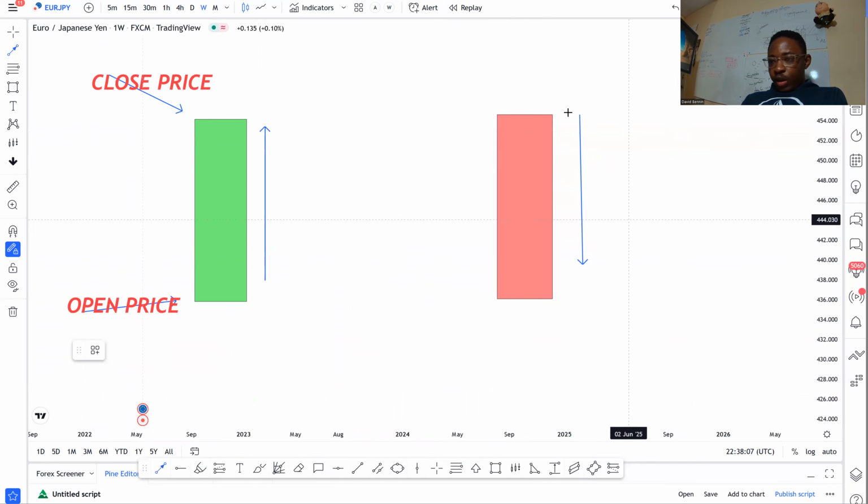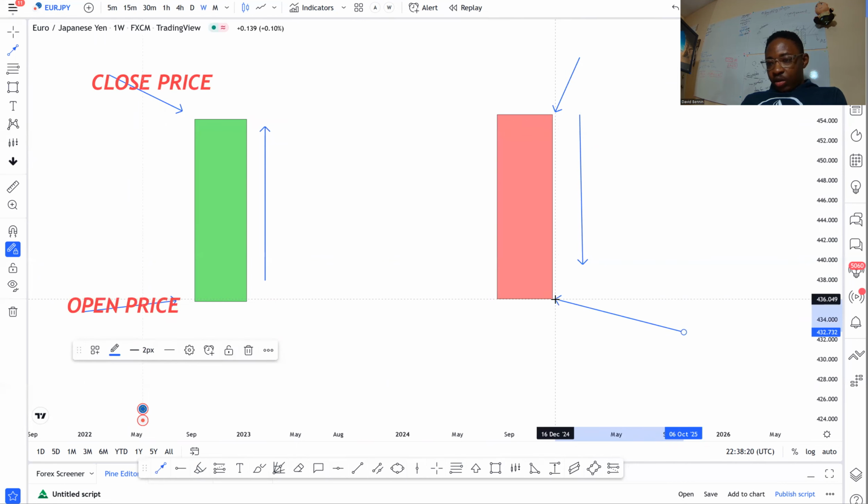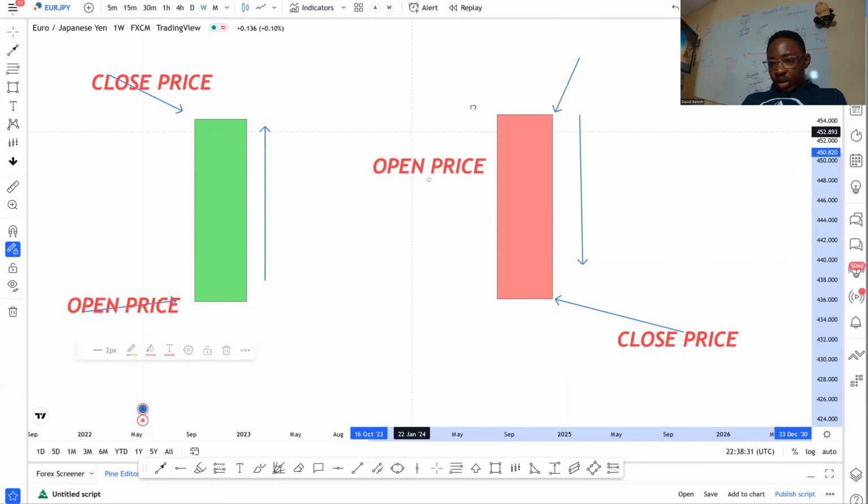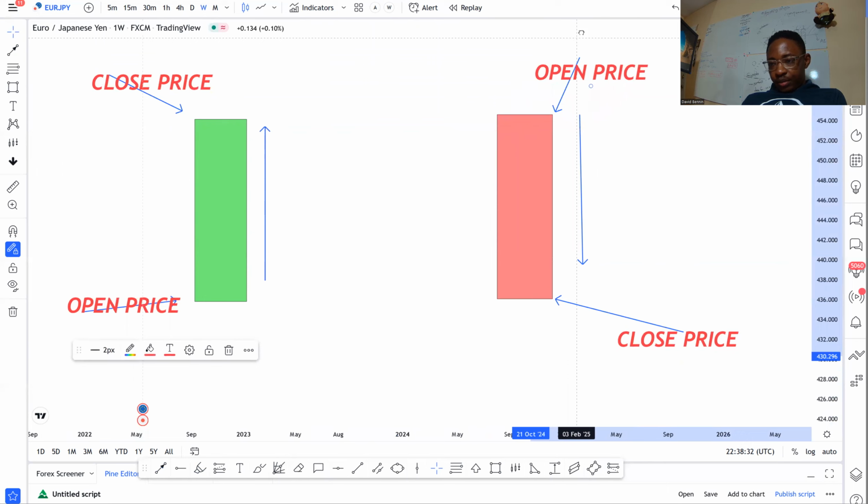So here, if we are going down, the beginning of this candle here is called the open, and the end here is the close price. So the close price would be down here, and the open price would be up here, right?